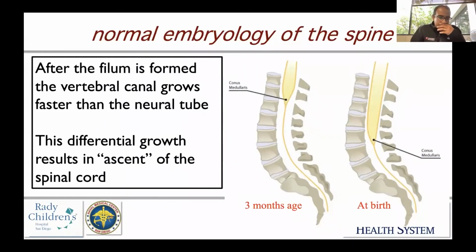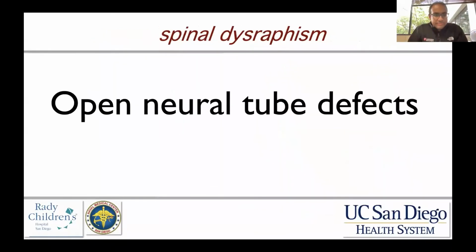And so that's a common thing to recognize, especially as you work up neural tube defects and spinal dysraphism, to see if there's tethering of the spinal cord, because you want to look at the location of the conus. So let's jump right into open neural tube defects.